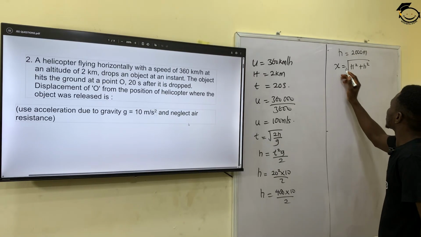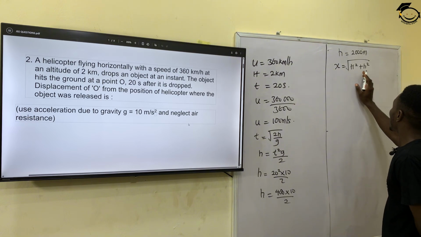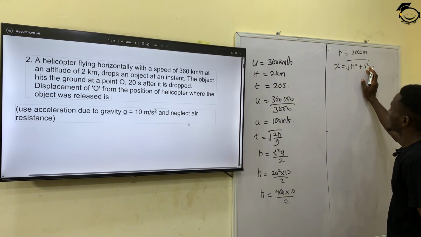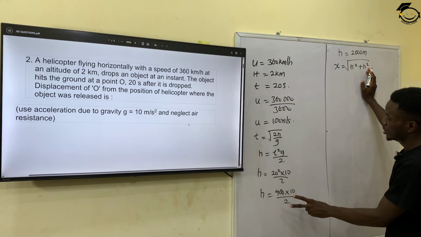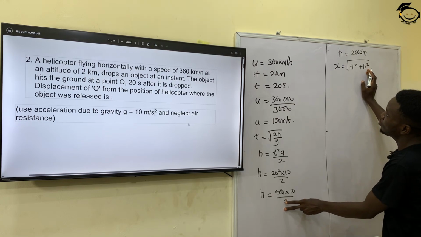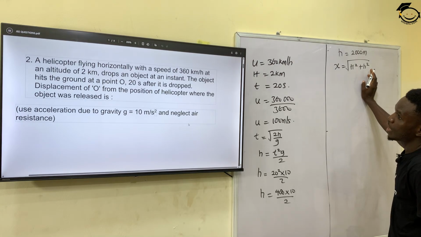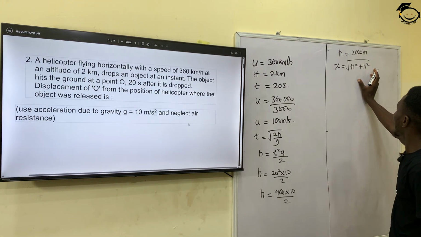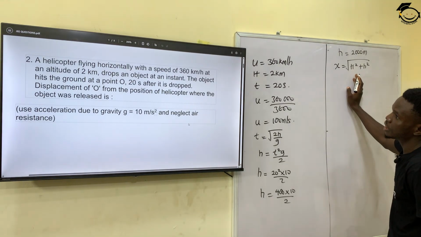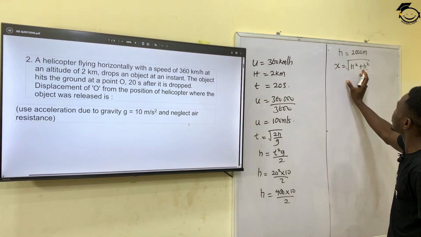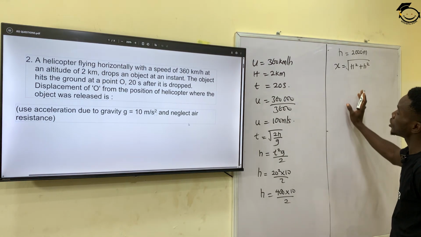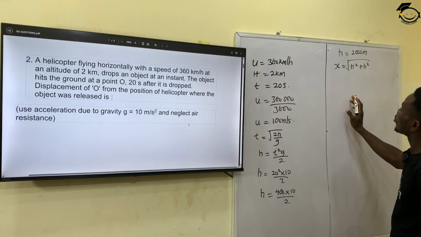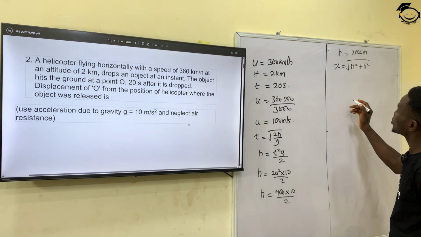So the displacement is equal to the square root of h squared plus h squared. That is the distance covered by the object that is dropped, and the distance covered by the altitude of the object, or the flying helicopter in this case.